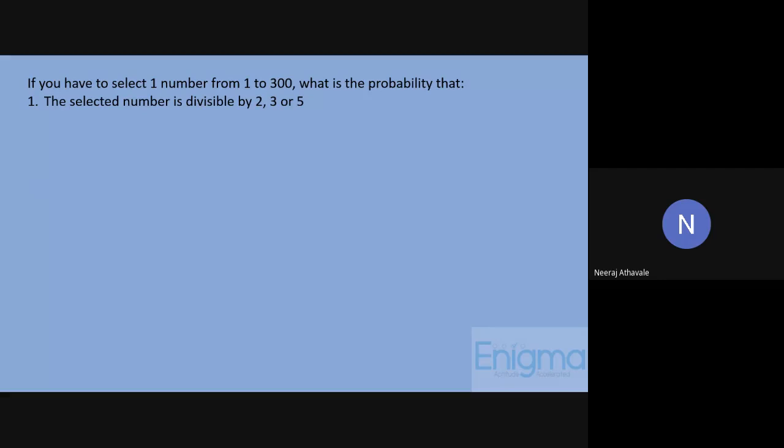Now, first of all, let's understand the mistake which Yogiraj has made. Total numbers are 1 to 300, that is, total 300 numbers are there. Divisible by 2, there are 300 upon 2, you will get 150. Divisible by 3, you get 100. And divisible by 5, you get 60.